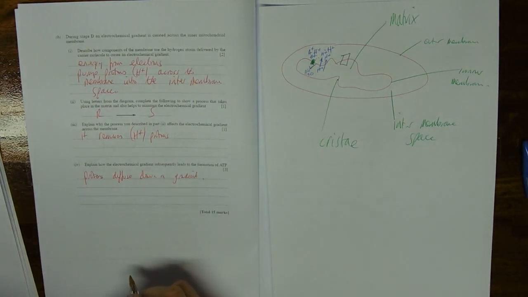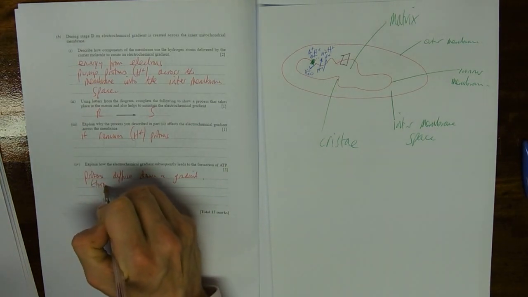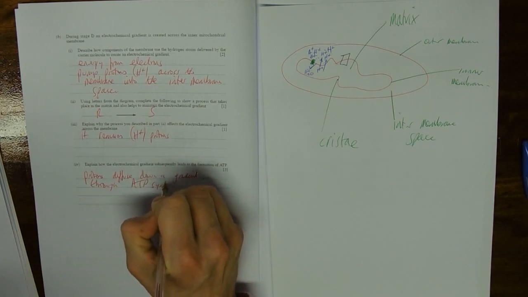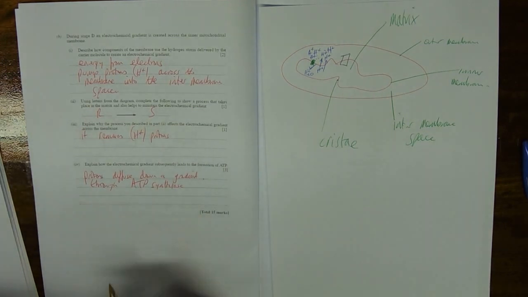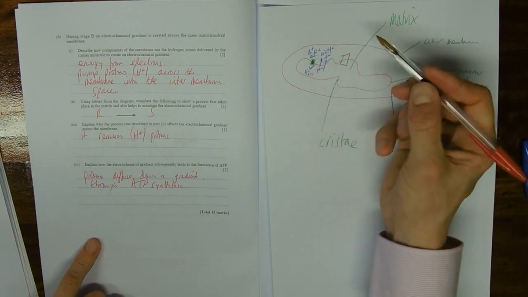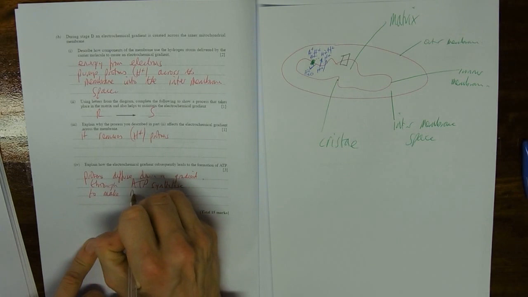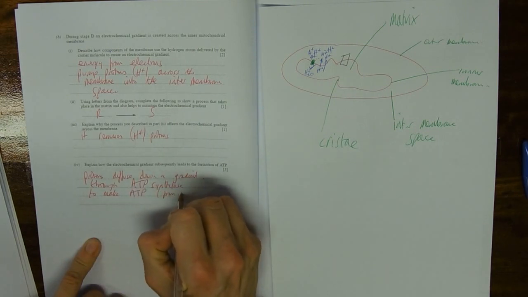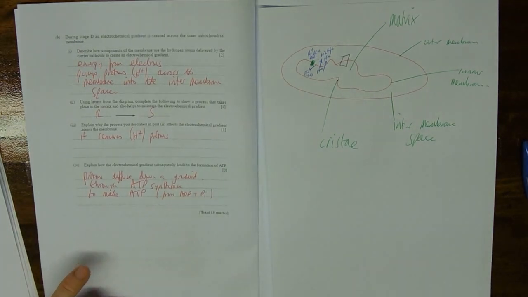We've made sure that we know it's passive and diffusing down a gradient through ATP synthetase, and in that, what's that going to do? That is going to make ATP from ADP and inorganic phosphate.